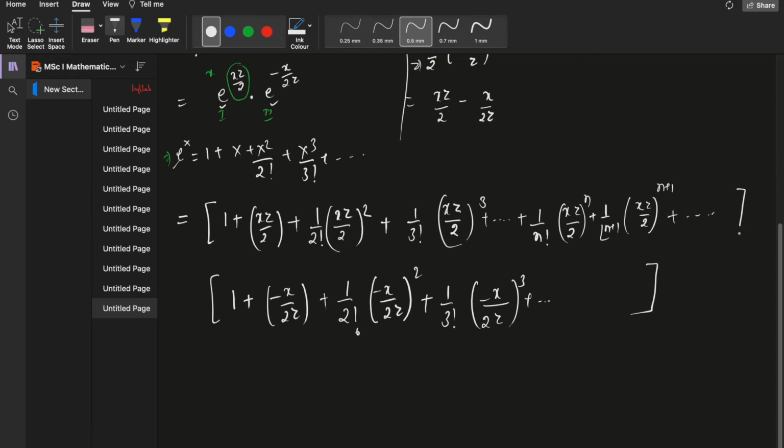So the equation goes on. Alright, this is the multiplication factor. Now the same we can write here: 1 upon factorial n, (minus x upon 2z) to the power n.